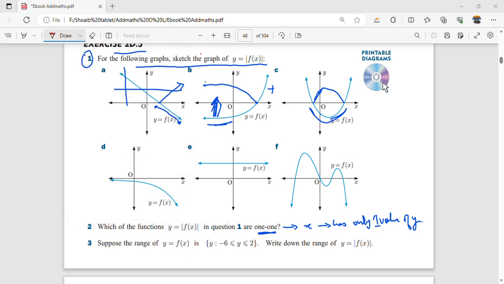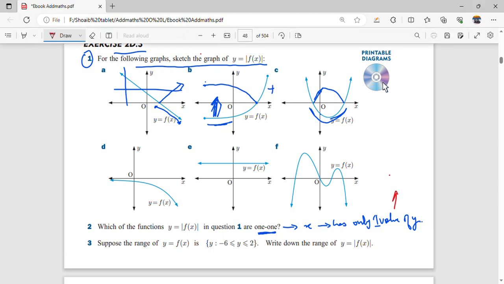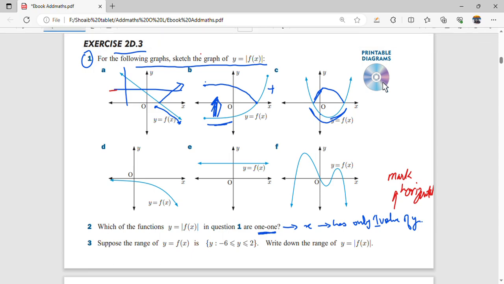Okay, mark horizontal. For part A we have y with two values.